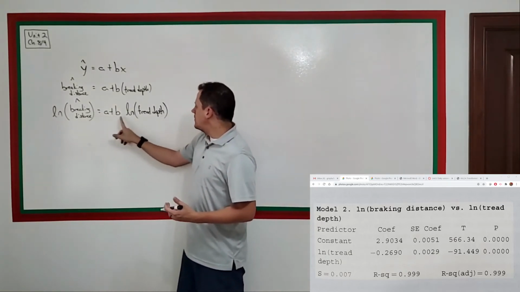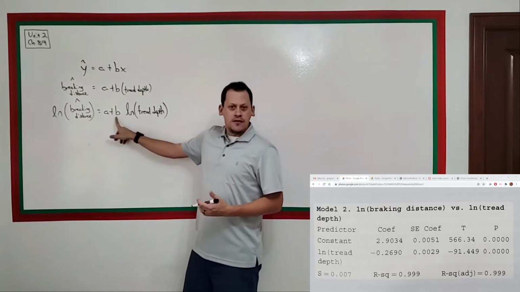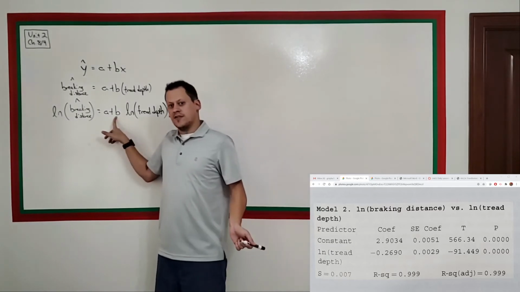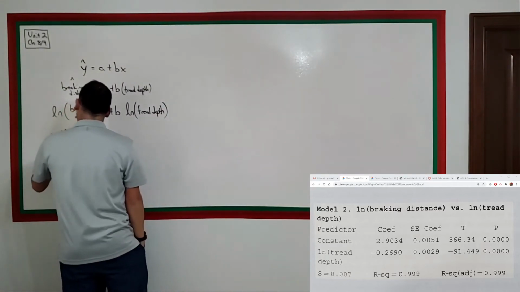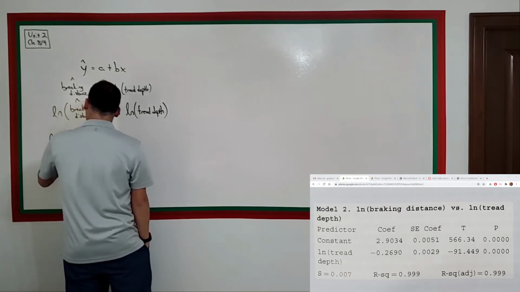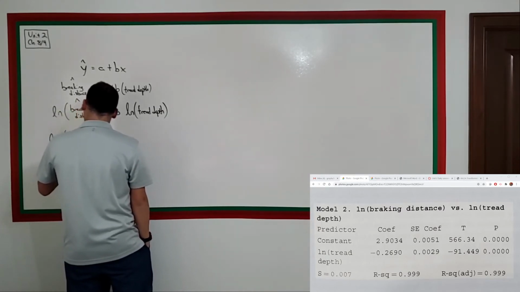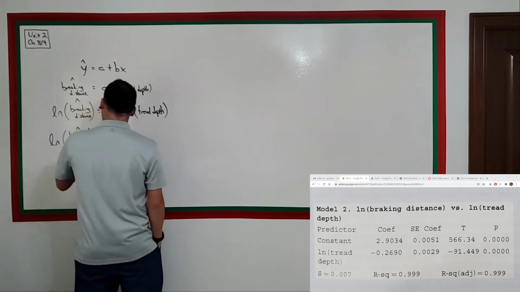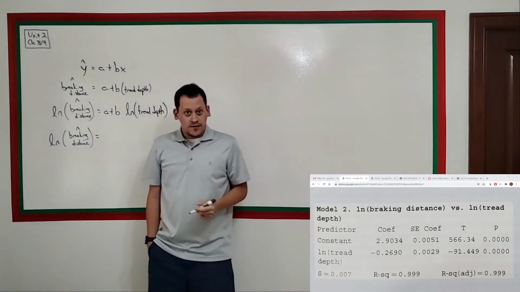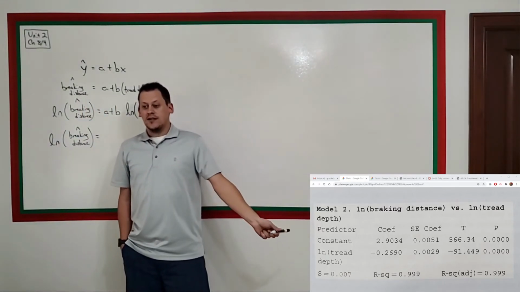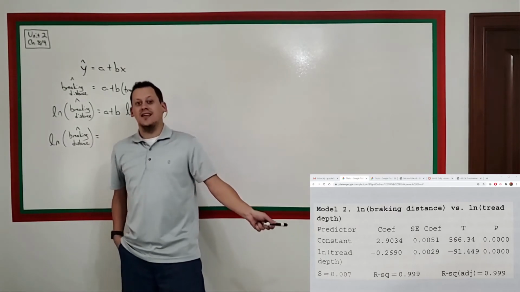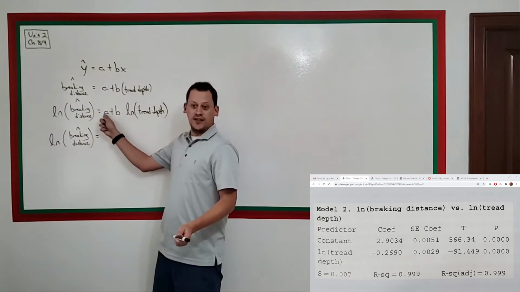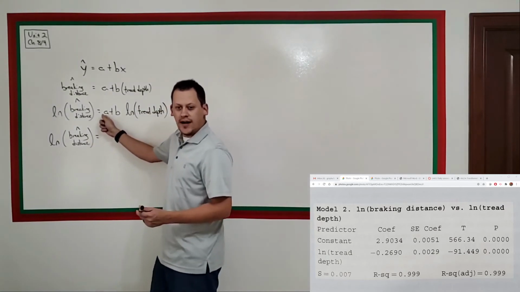So the only thing left to do is to plug in the intercept and slope from this table. So we've got the natural log of braking distance equals the intercept, the y-intercept of this model, is where it says constant here, and it's the coefficient of the constant because there's no variable in this term, and that is 2.9034.